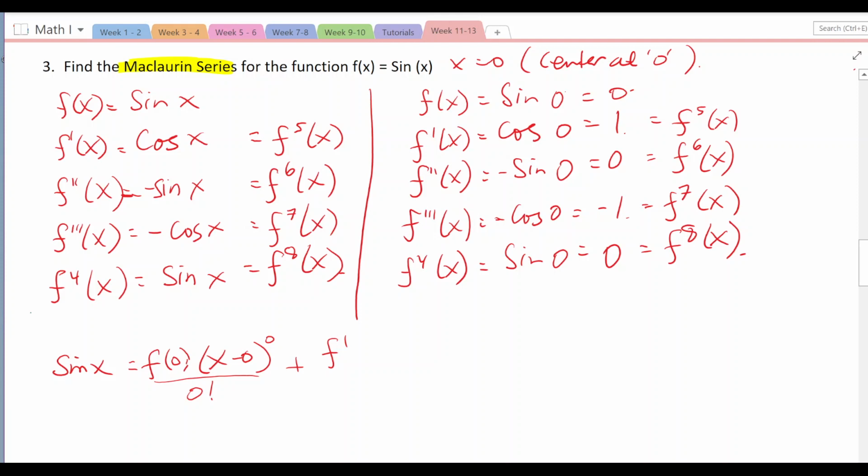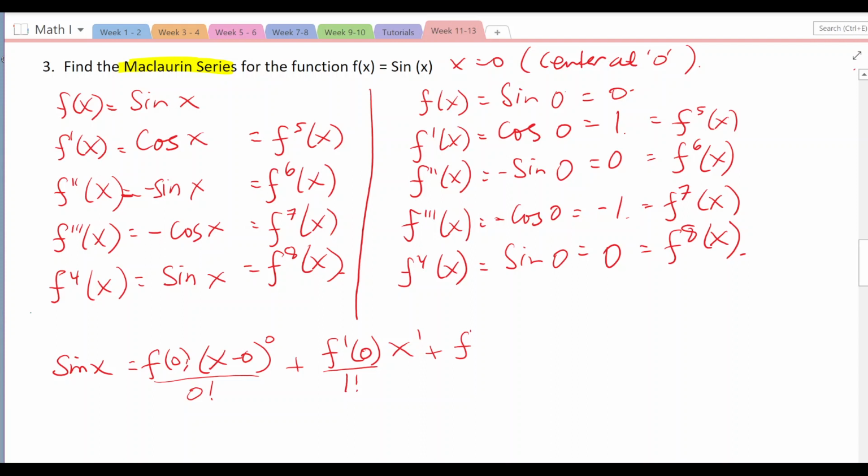We just put everything first. This is Maclaurin, so we can expect it will simply be x to the power of 1, over 1 factorial, because everything is minus 0 anyway.